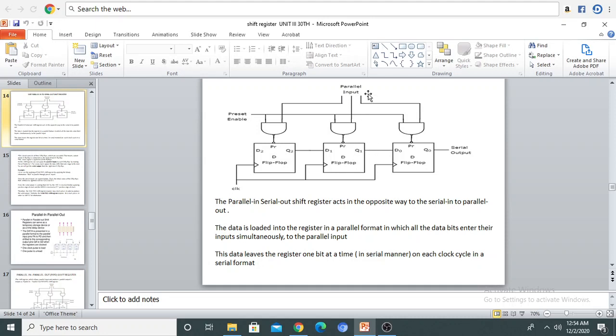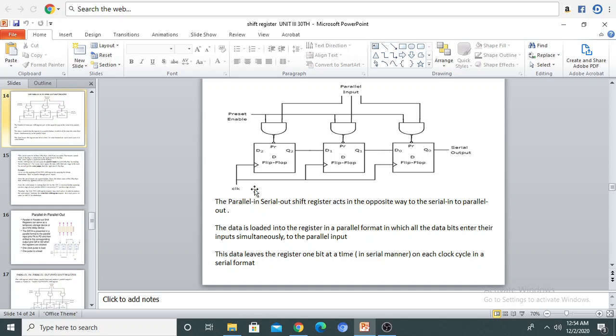When you apply 0 to this input, you will get Q0 equal to 0. Now I am applying the clock pulse. This Q2 value is shifted to Q1. Q1 value is shifted to Q0. Already 1 in Q1, so now I am getting 1 in Q0.